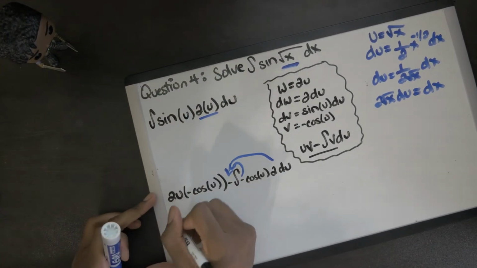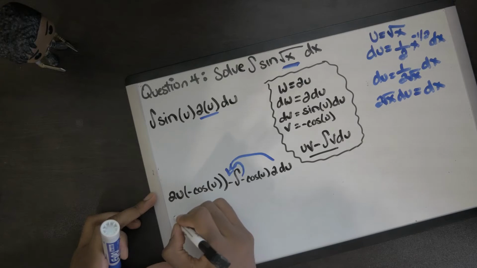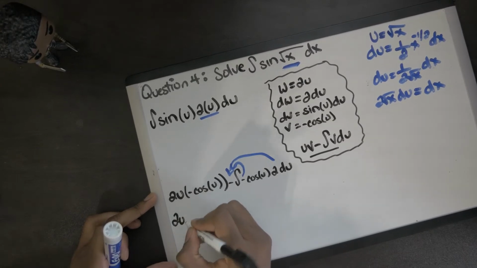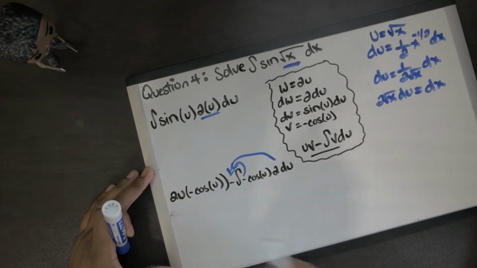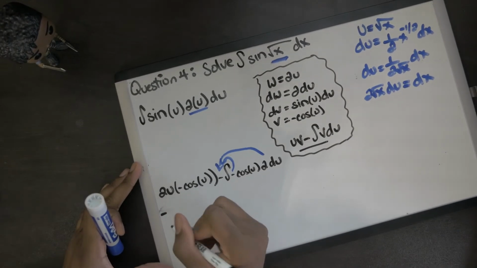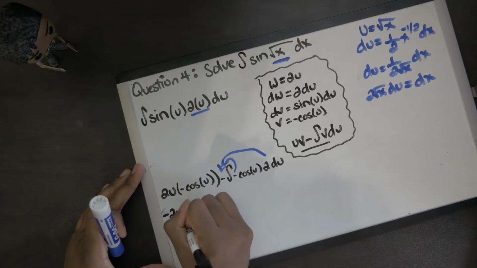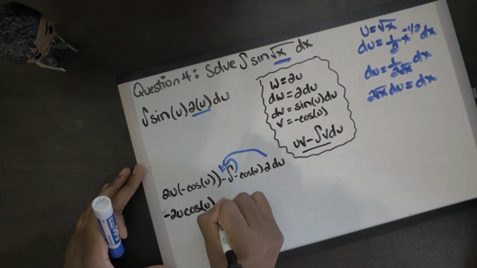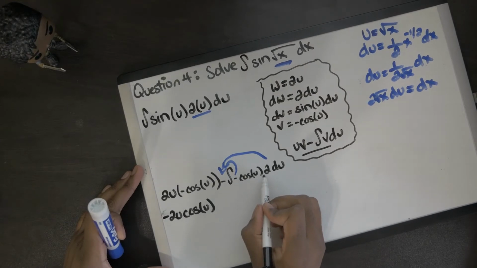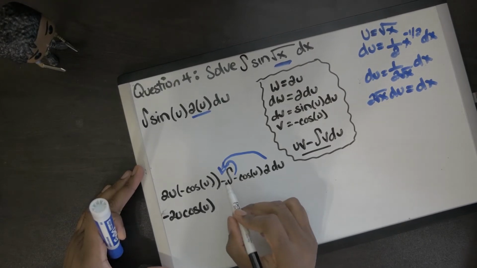So what is that going to do now for us? That's going to make it now 2u, oh, actually there's a negative in front of there. So that's going to make it negative 2u cosine u. And then since we're bringing out a negative to another negative, that's going to make it a positive.